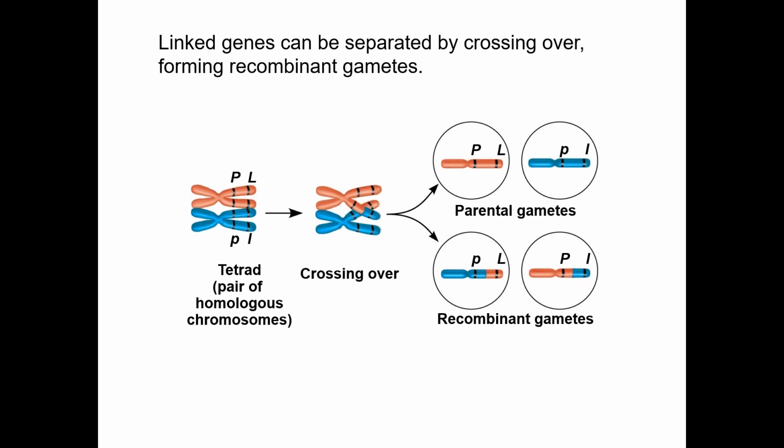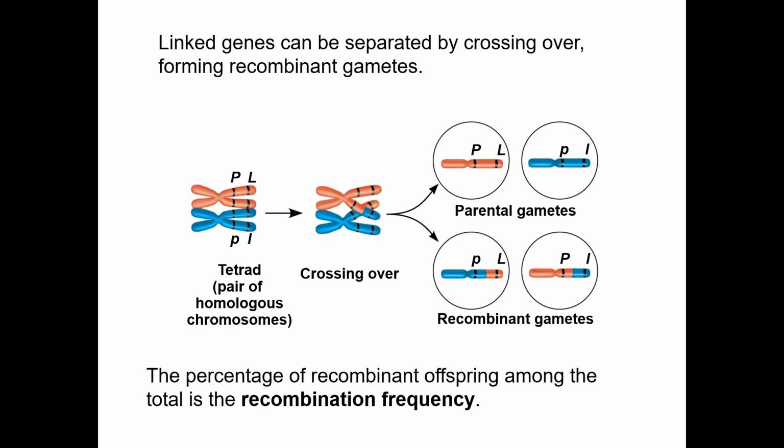We talked about crossing over when we discussed meiosis. Crossover events can occur between linked genes, so you can get recombination events, but these are pretty rare. You can calculate this frequency as recombination frequency. I am not going to require you to calculate any of these distances, but I want you to understand what a linked gene is and that it behaves differently than genes that are on opposite chromosomes.